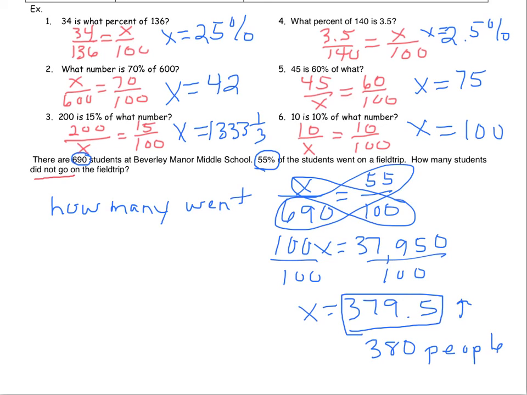So if we took 380 people, then I want to know how many did not go. So that means if 690 kids are at Beverly Manor and 380 of them went, then 690 less 380 will leave us with 310 students who did not go.